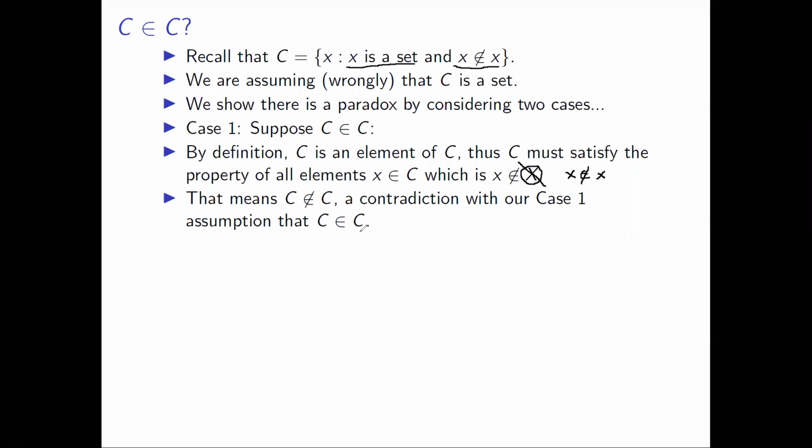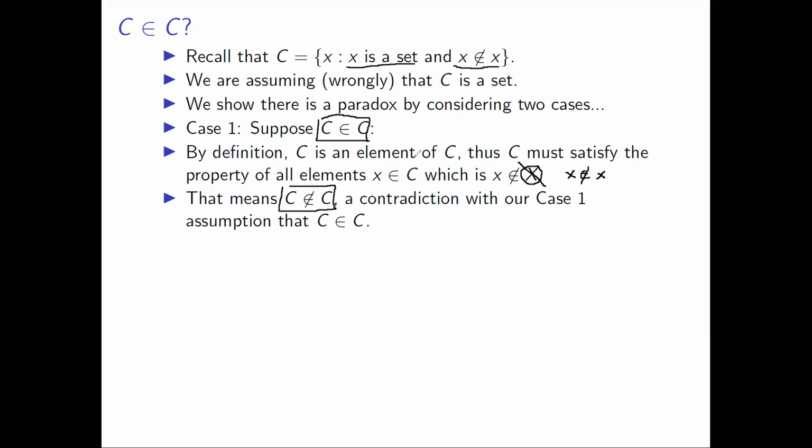And what's the problem with that? So we have C is not an element of itself, but for case 1, our assumption was that C actually is an element of itself. And those two together give us a contradiction.